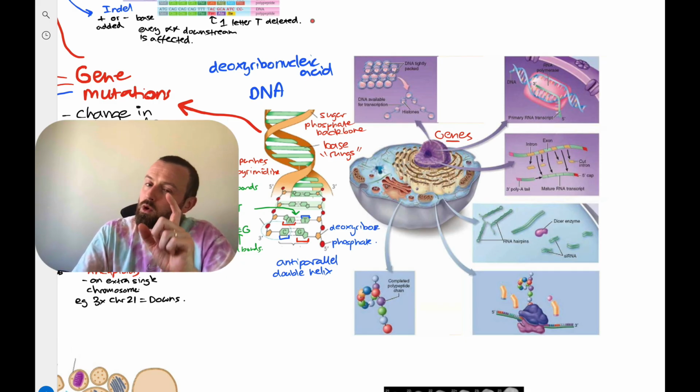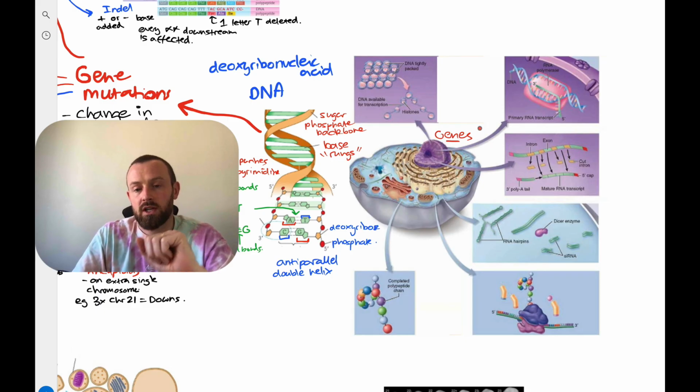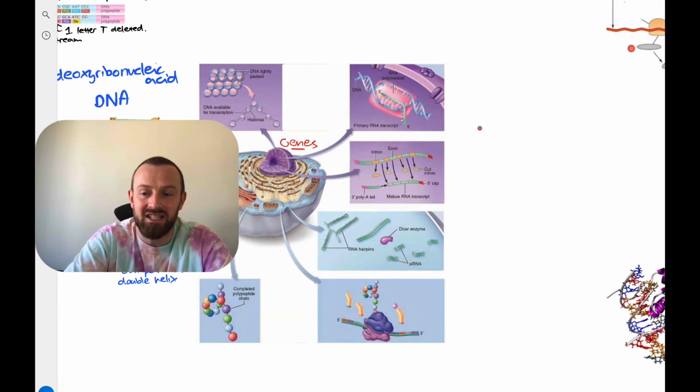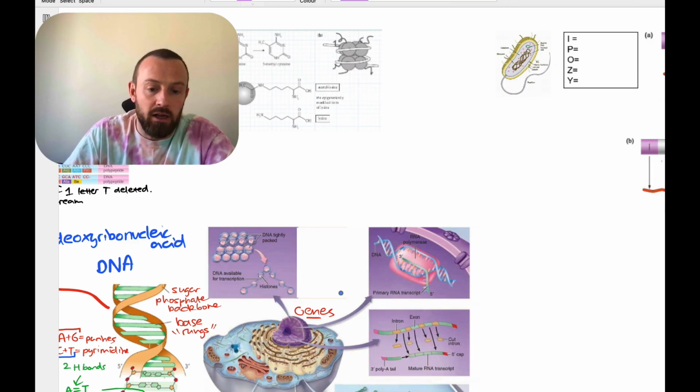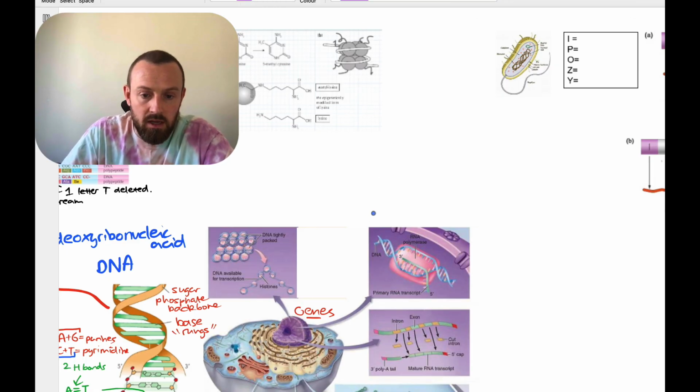So before we actually talk about human control of gene expression, we're going to look at a case study of bacteria. There is a human parallel. So this box here is going to be control of transcription, let's call it.